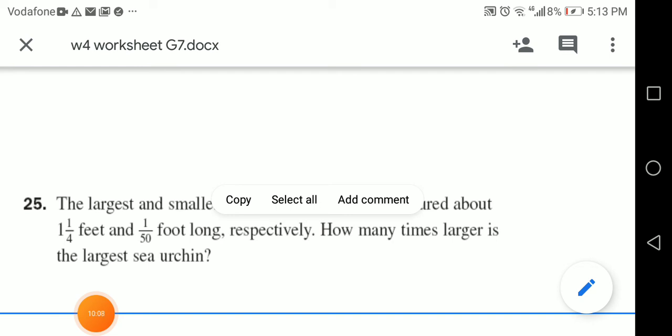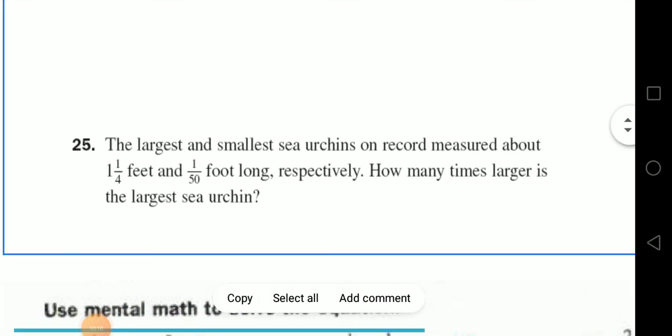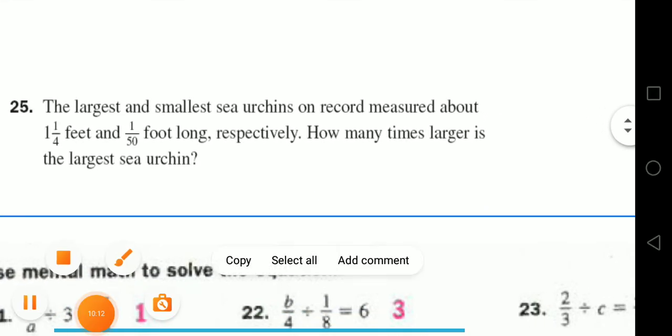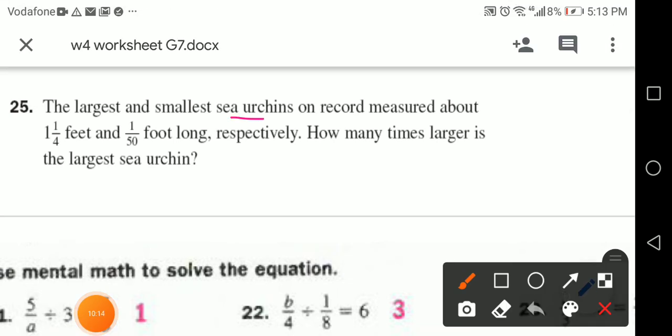Okay guys, now we have this word problem. It asks about the largest and the smallest sea urchins on record, which measured about 1 1/4 feet and 1/50 foot long respectively. How many times larger is the largest sea urchin?